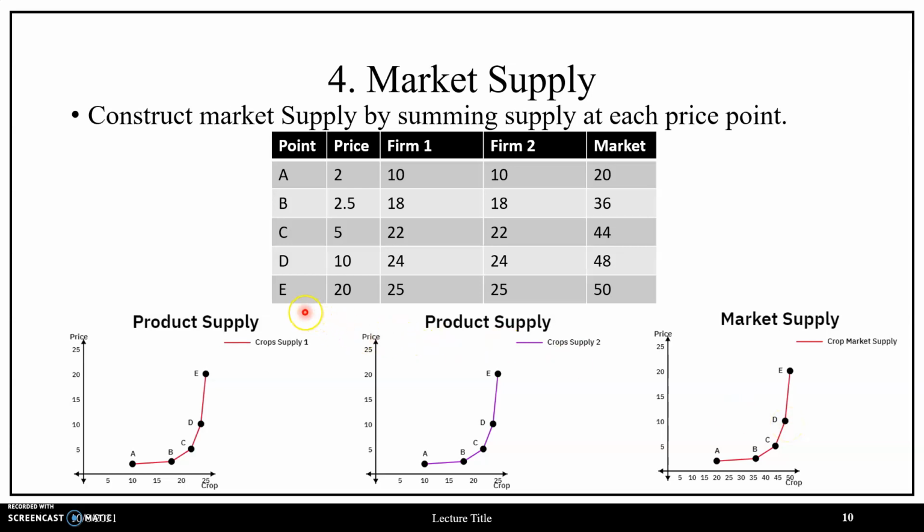And then lastly, with respect to point E, at a price point of 20, firm 1 has quantity supplied of 25, as does firm 2. So summing those two together, or just scaling 25 by 2, we get a value of 50. And then this constructs market supply, where we once again have that positive relationship between price and quantity.